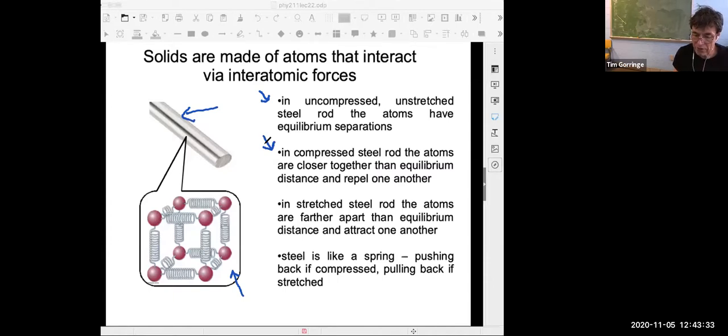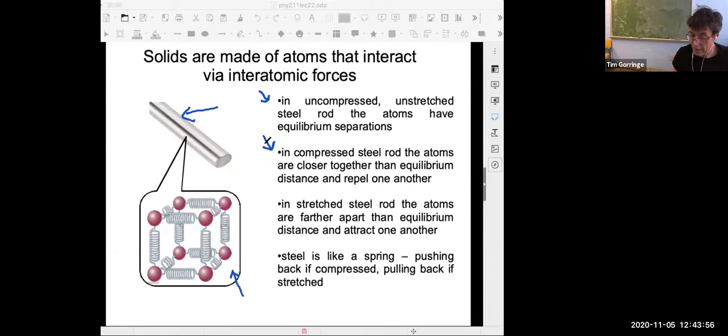And when you compress together the atoms and molecules that make up the steel rod, these interatomic forces between the atoms and molecules push back. They oppose that compression. They resist that compression. The atoms and molecules repel one another through this interatomic molecular force.